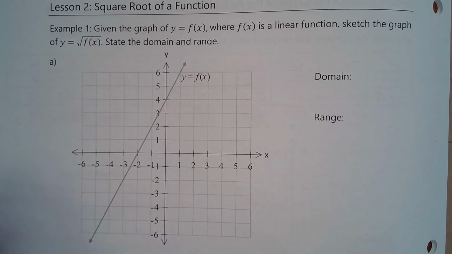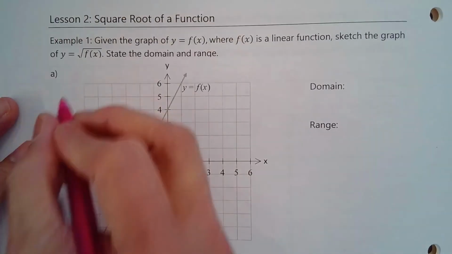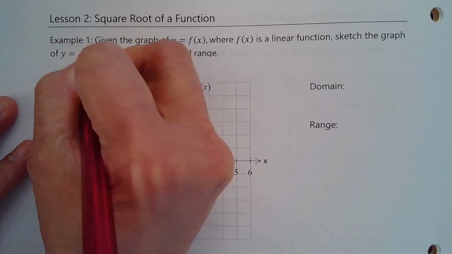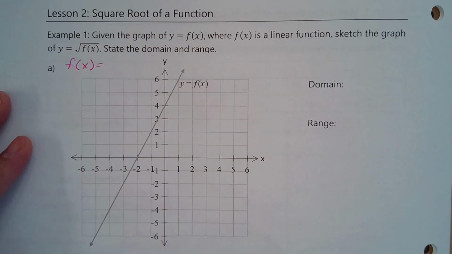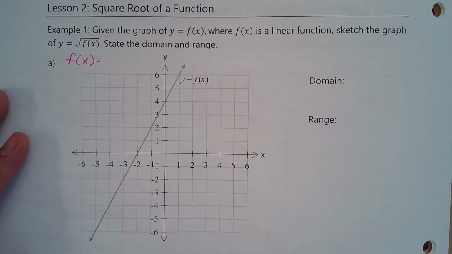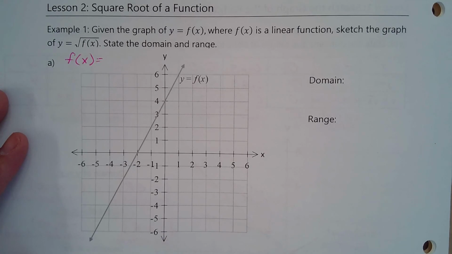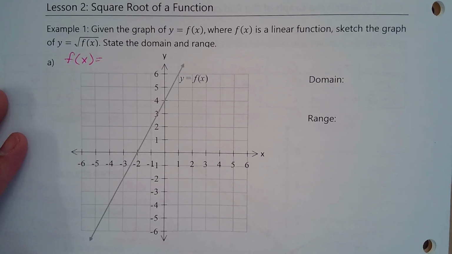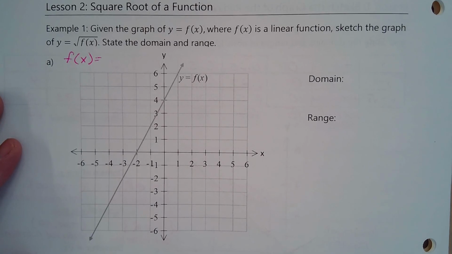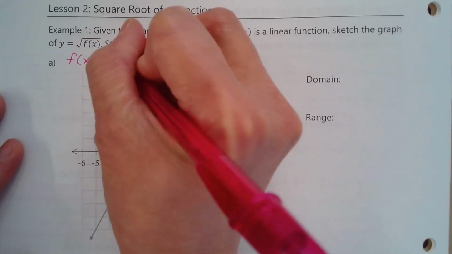It's a linear equation, yeah? So what's the specific equation? 2x plus 4. Okay, so 2x plus 4. How did we figure that out again?